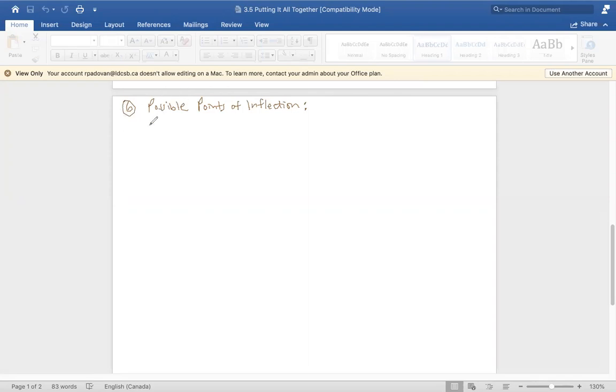I should rewrite what the original function is. G of x equals x to the power of 4 minus 8x cubed. And in order to get the second derivative, why don't I just copy down what I had for the first derivative? 4x cubed minus 24x squared.